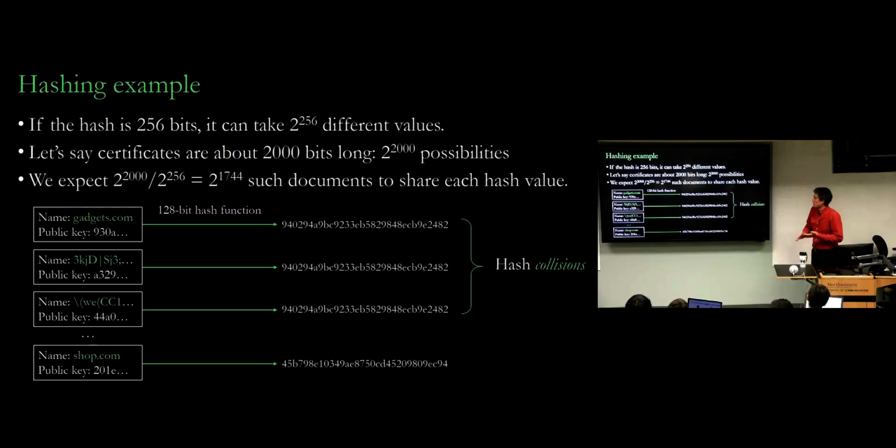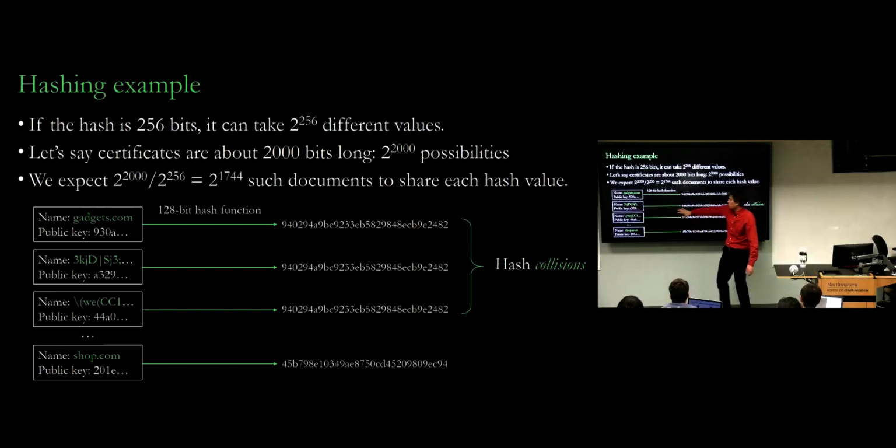So, for example, if we had this certificate for gadgets.com that lists a certain public key, and other information like the country of the organization, whatever else was listed there. We hash that to get a number, and then we sign this number, right? In doing so, we're actually signing a bunch of other documents. So, for example, we have this other certificate that lists this weird random name, this public key, and this also, by chance, hashes to the same number.